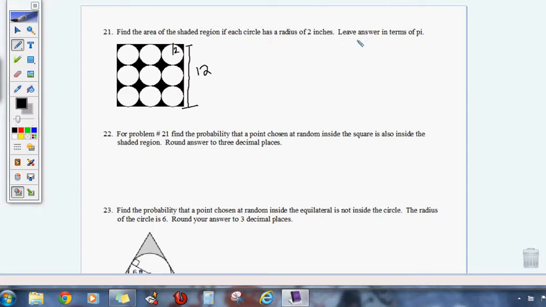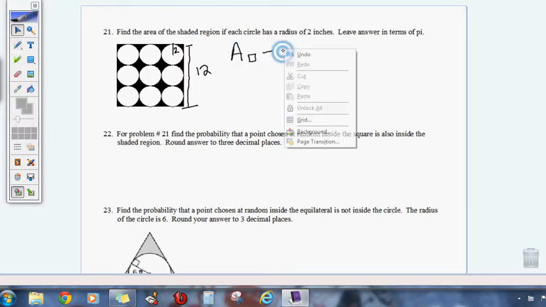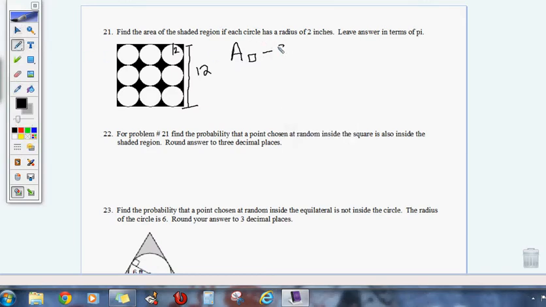We want to leave our answer in terms of pi, so basically we're going to find the area of the square with a side of 12, and we're going to subtract each of the smaller circles there. We have 9 times the area of one circle.